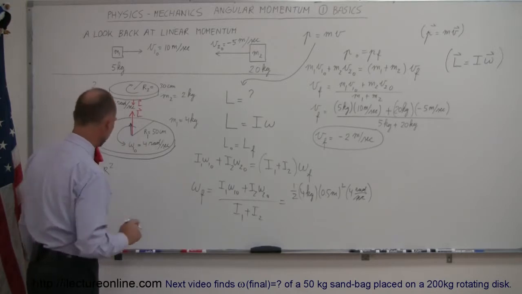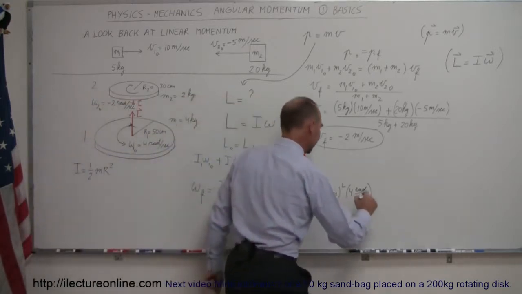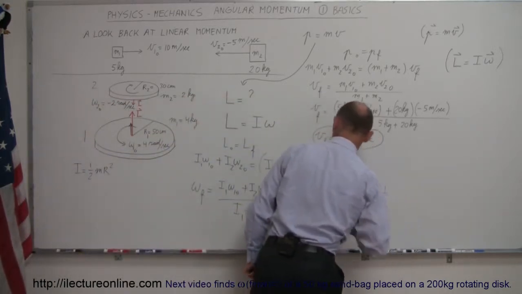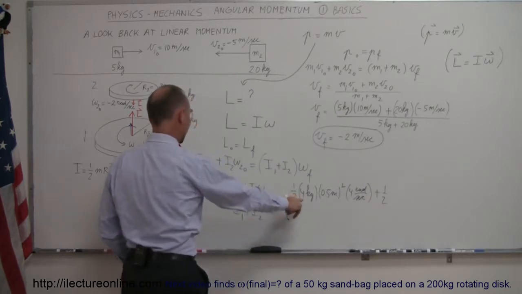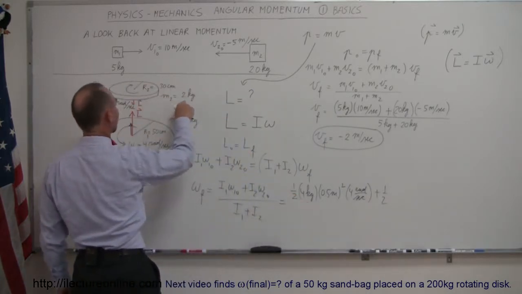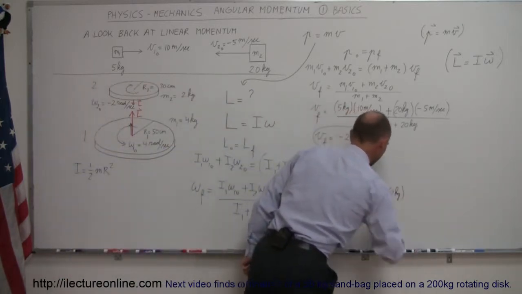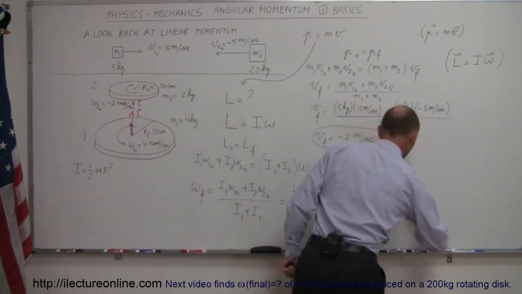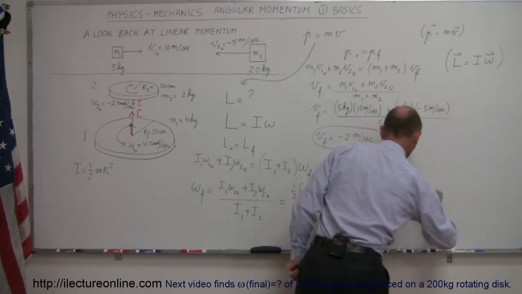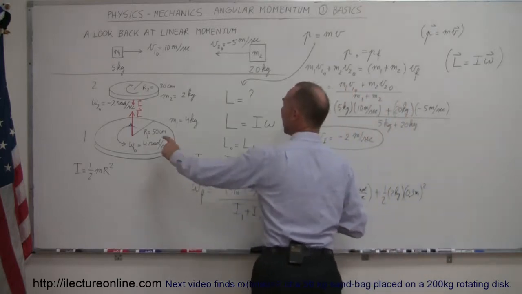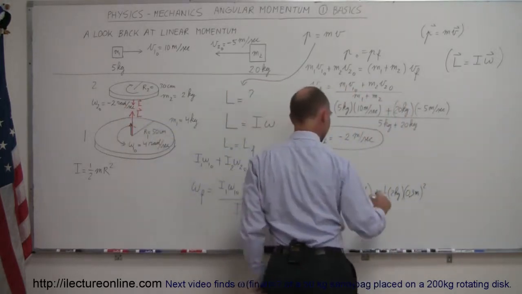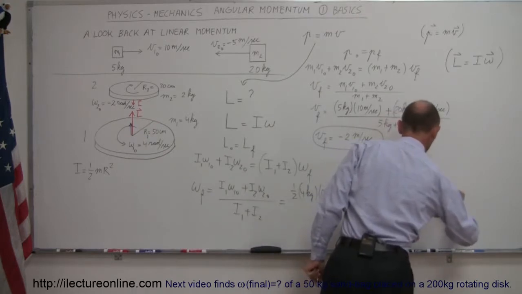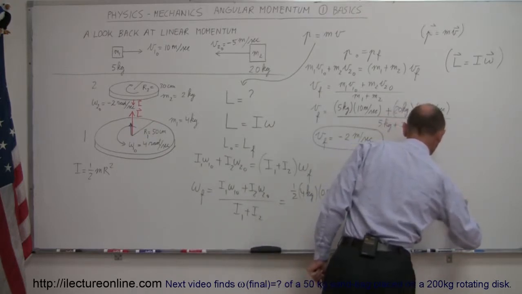Radians is a non-unit. And then we add to that the moment of inertia of the second disk. So we have 1/2 times the mass. The mass of the second disk is 2 kilograms, times the radius squared. The radius is 30 centimeters, so that's 0.3 meters squared, and times the angular velocity, it's a negative 2 radians per second.